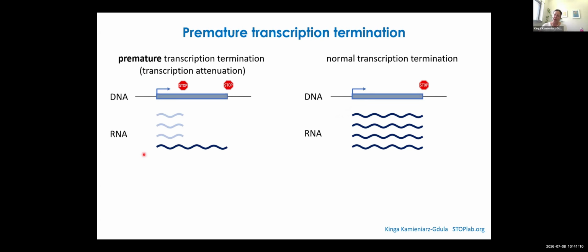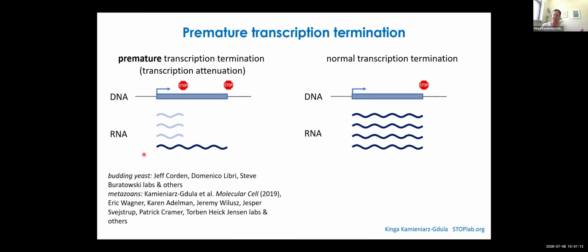And this is something that was known for very many years from work from multiple wonderful yeast labs. And as usual, metazoans realized this a bit later, but we now also realize that premature transcription termination can also be a regulatory mechanism in mammalian cells, and there are several factors that can trigger this.